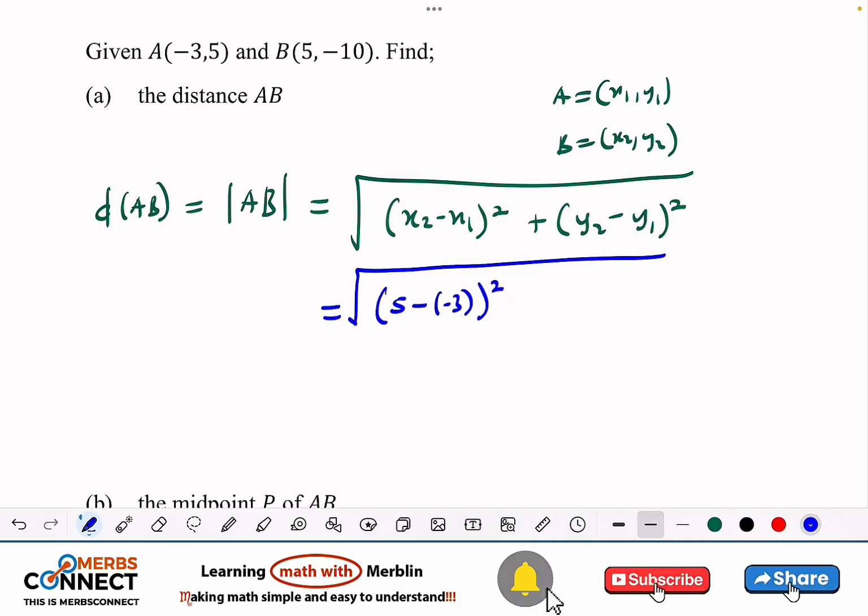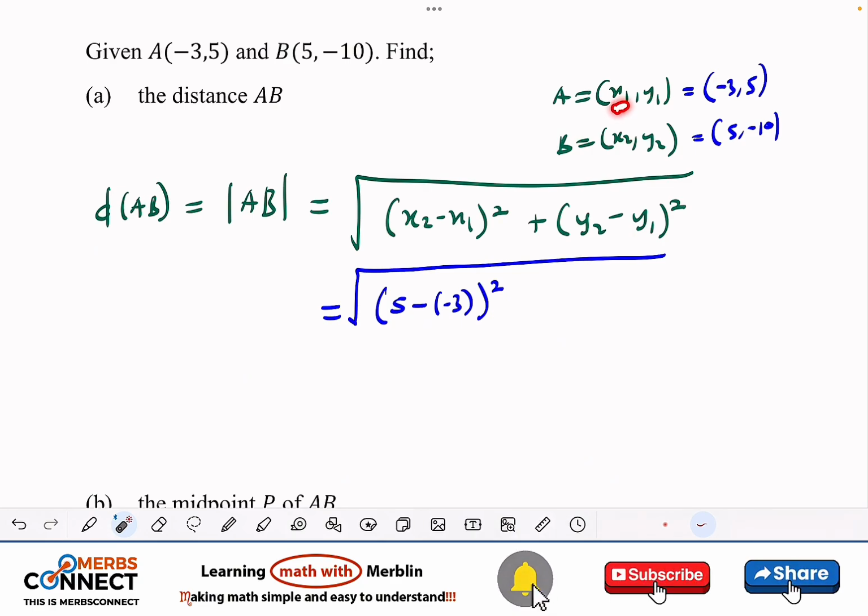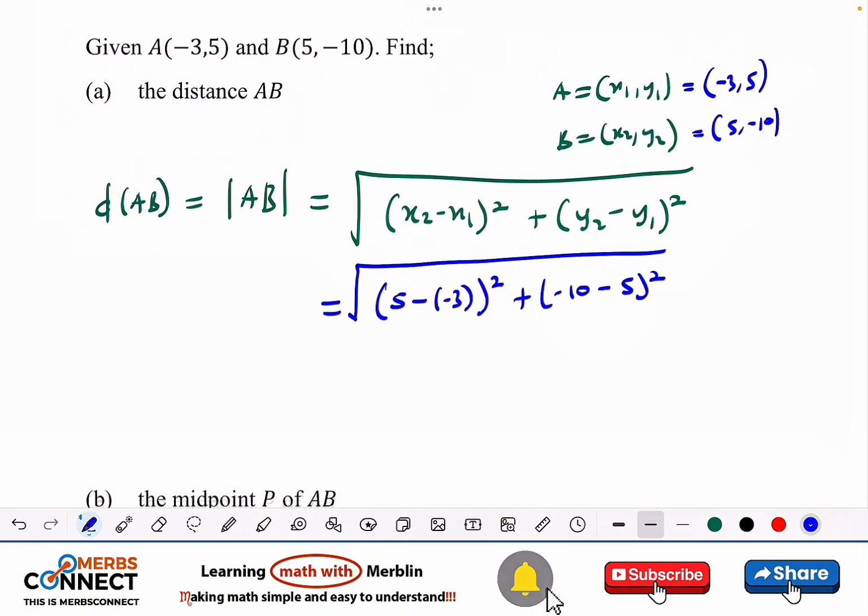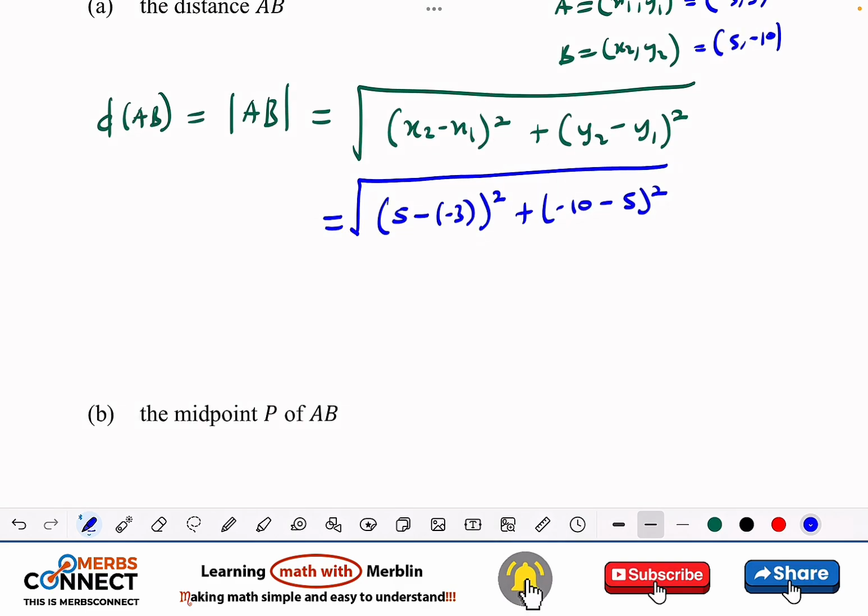So let me put it here so that you see it well. The coordinate is minus 3 and 5, and the coordinate here is 5 and minus 10, right? So when you compare it, x1 is minus 3, y1 is 5, x2 is 5, and y2 is minus 10, right? So I'm just doing substitution. So plus y2, which is minus 10, minus 5, all squared. Is that right? So this is what you're going to get.